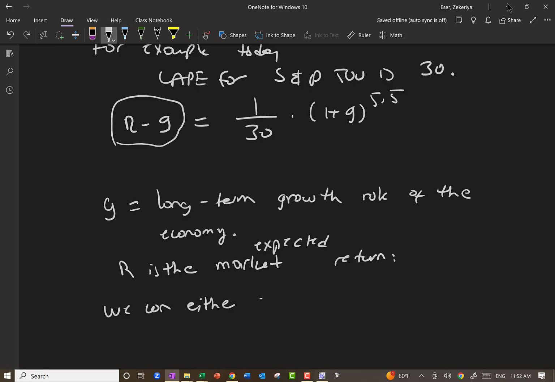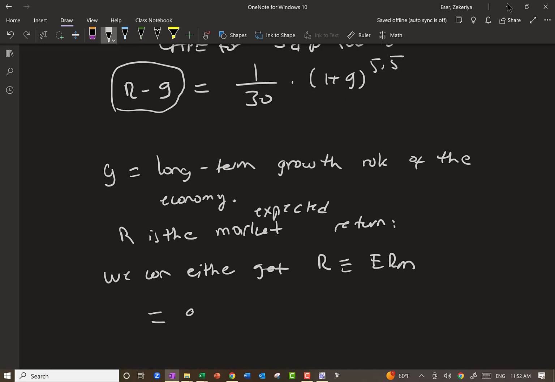We can get R, the expected rate on the market, as equal to G plus (1 plus G)^5.5 divided by CAPE.